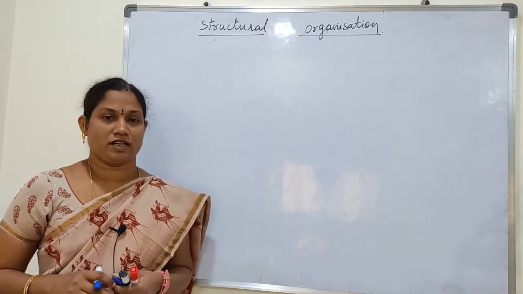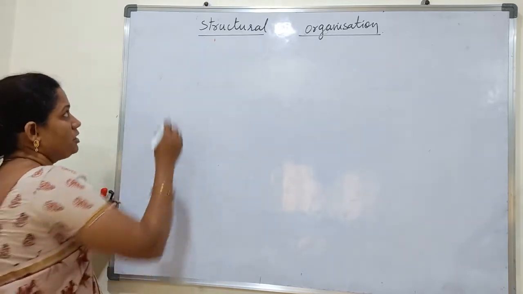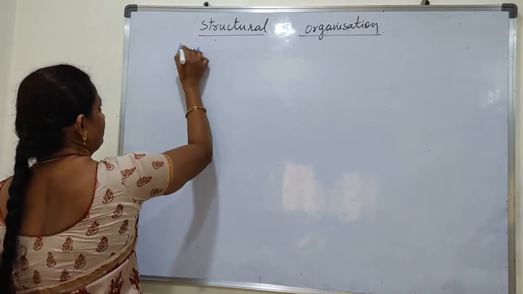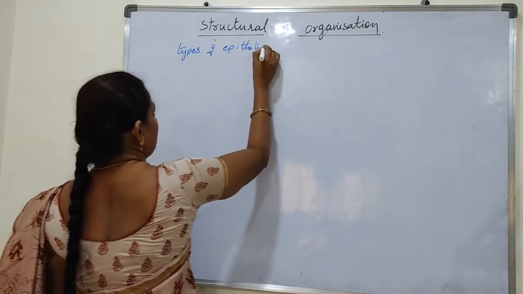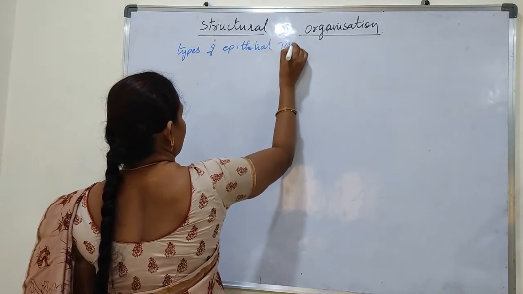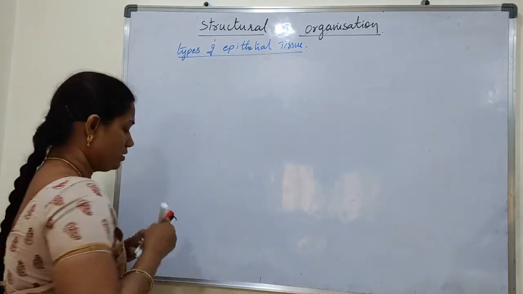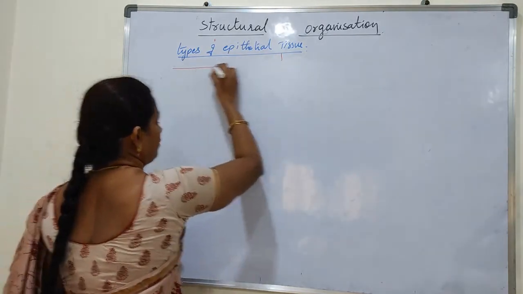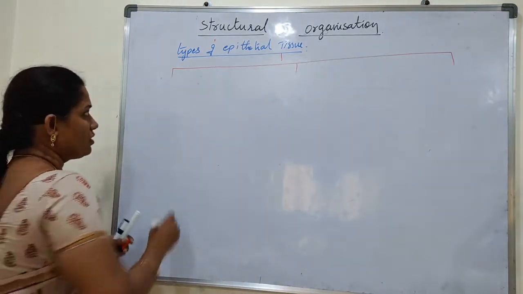Next, the topic is types of epithelial tissue. Epithelial tissue mainly divides into three types.